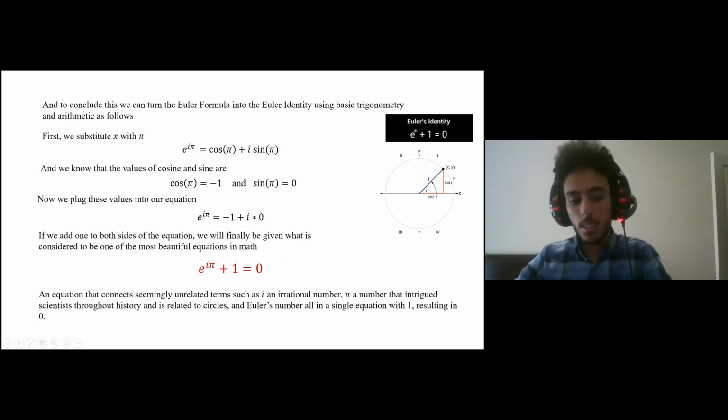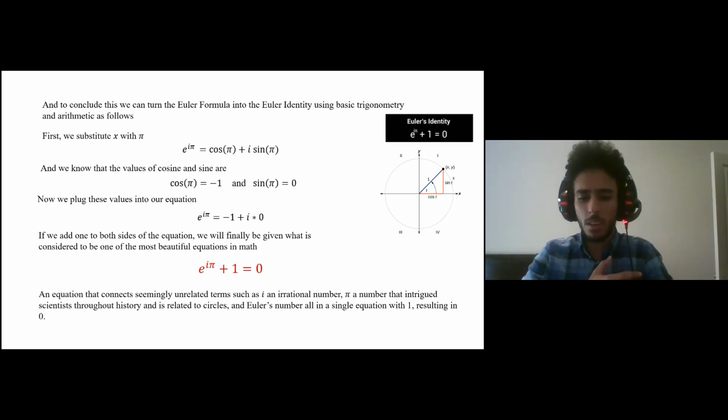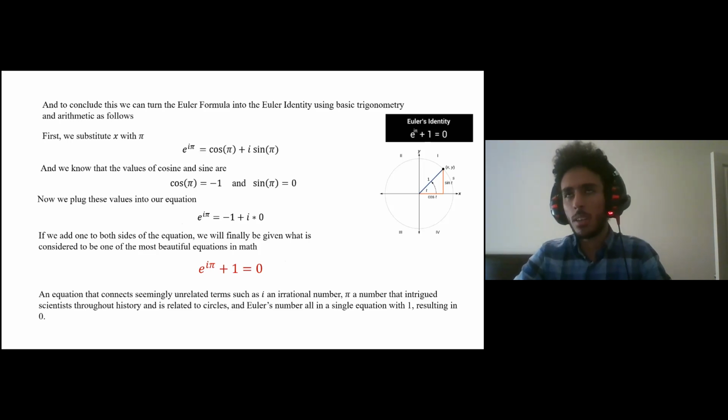This equation seemingly connects completely unrelated terms, such as i, a number that intrigues scientists throughout history, pi, which is mainly related to circles, and Euler's number, in a single equation with basic numbers such as 1 and 0.